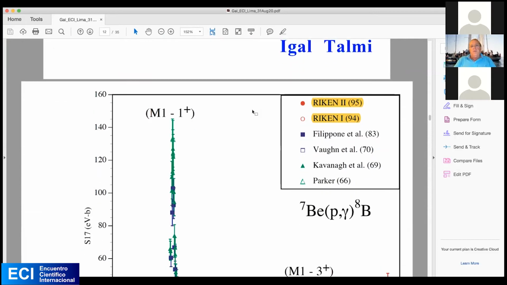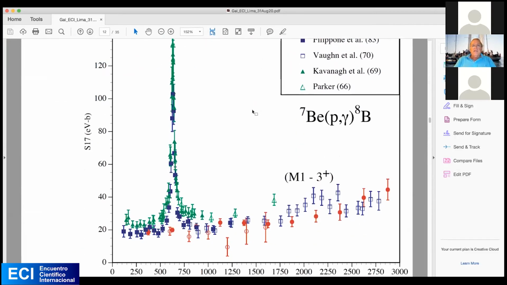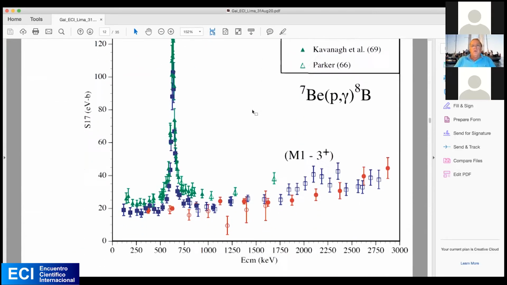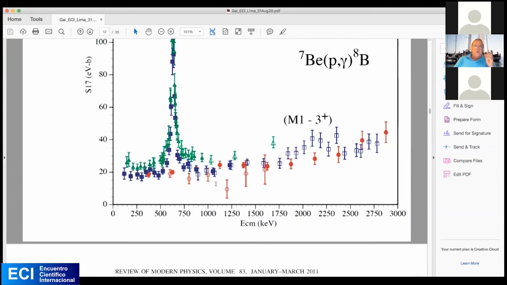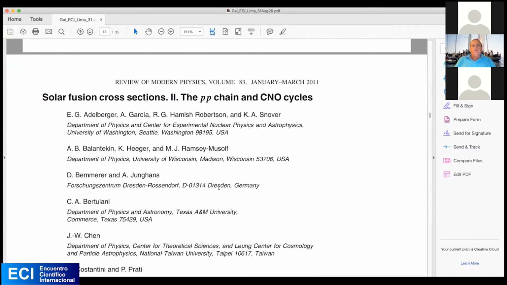And what happened is the following. The large uncertainty in nuclear physics was caused by two data sets that disagree. These are the green one and the blue one, they disagree. And our experiment agreed with the lower values and not with the upper one. That led to a lot of discussion in the community.